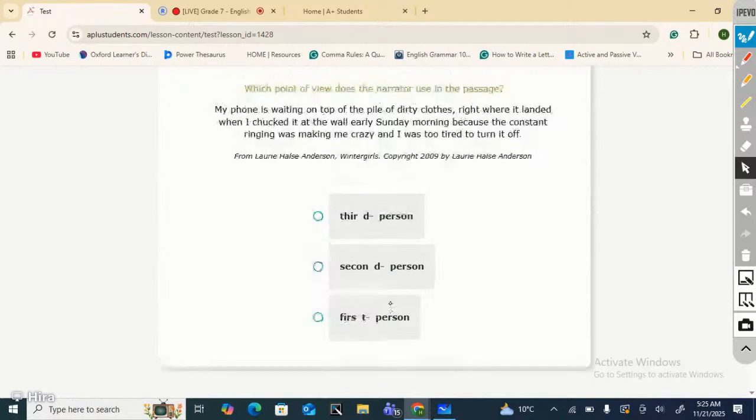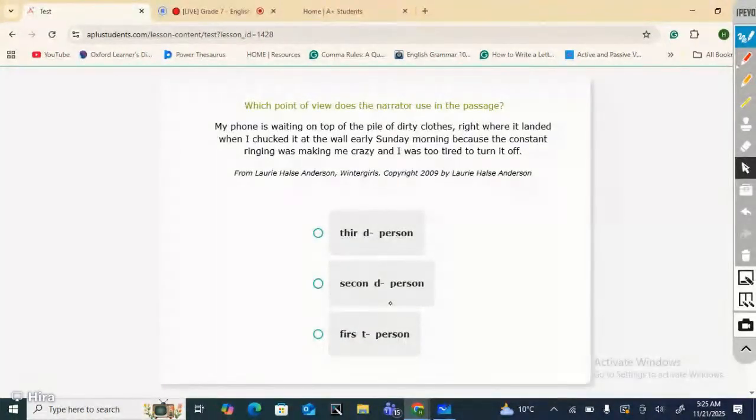Okay. My phone is waiting on top of the pile of dirty clothes, right where it landed when I chucked it at the wall early Sunday morning, because the constant ringing was making me crazy and I was too tired to turn it off. Now, I've mentioned these words. Look at these words and decide which point of view the narrator uses in the passage.